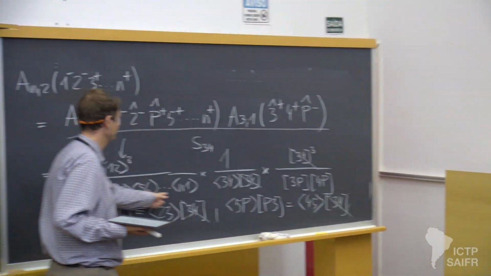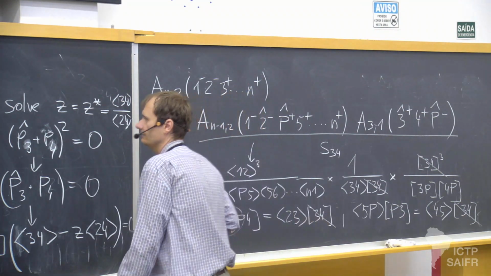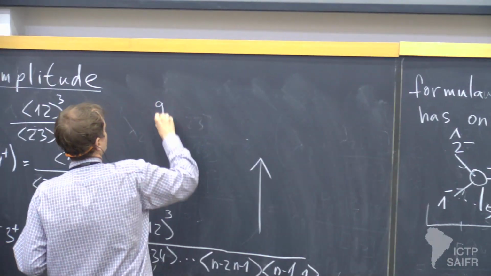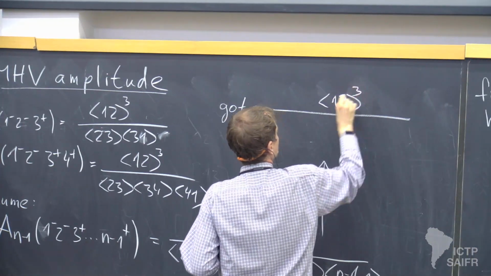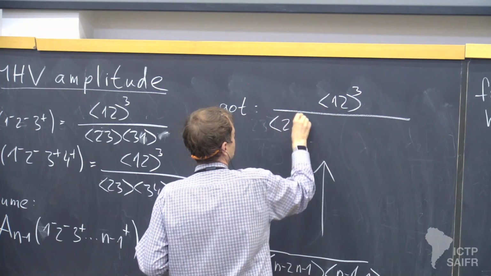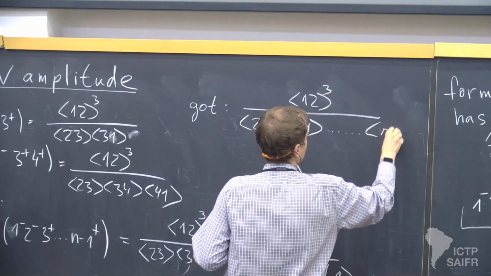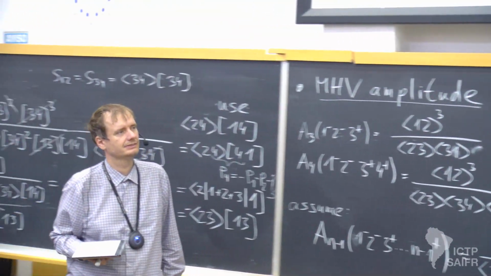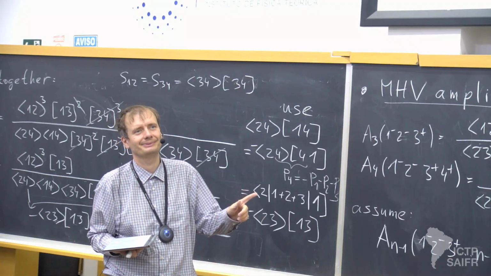And then we continue the sequence from here. So then what we got was ⟨1 2⟩ cubed. We don't get ⟨1 2⟩ in the denominator, but we start with ⟨2 3⟩⟨3 4⟩ up to ⟨n 1⟩. Any questions about that, or was it too fast, the last step?